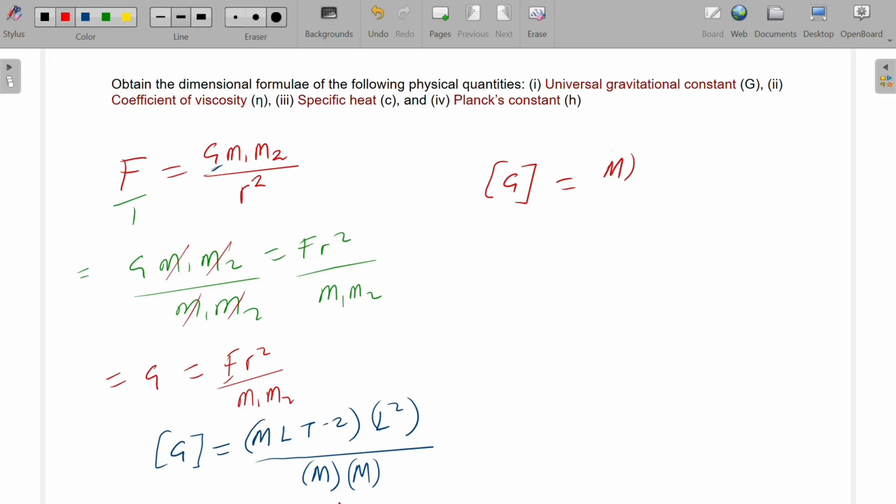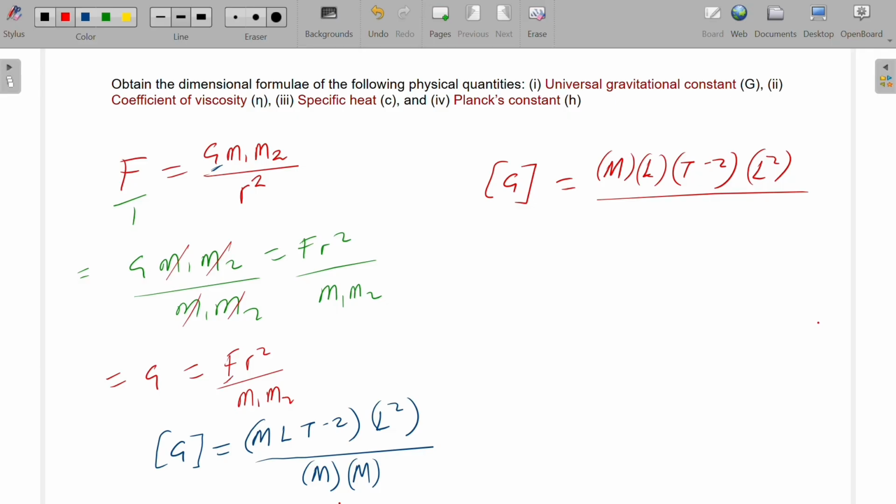This is equal to M, that is multiplying by L. I'm just separating what is inside brackets here. Then we have T to the minus 2, multiplied by also L to the power of 2 for us to understand very well.